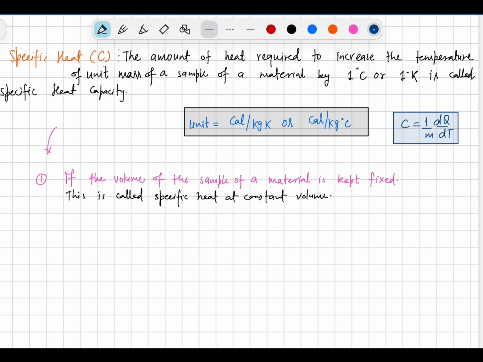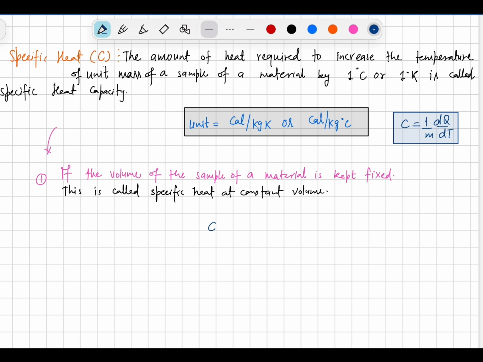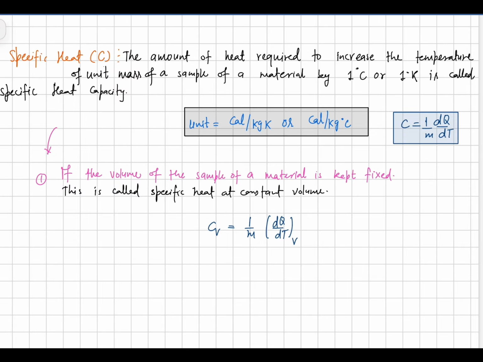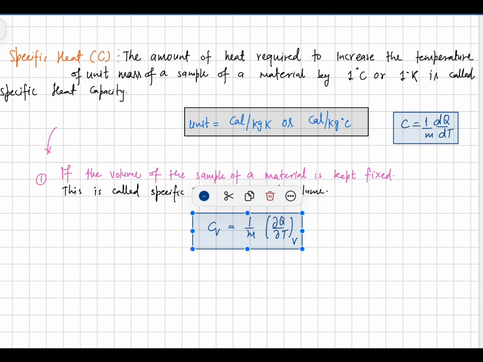Now since the volume is kept fixed, we need to use v in the subscript, Cv equals 1 upon m dq by dt, but you have to mention it here also, because you will see this in partial derivative form, so it is better to use the partial derivative: del Q by del T at constant volume. Okay, so this is the first case.